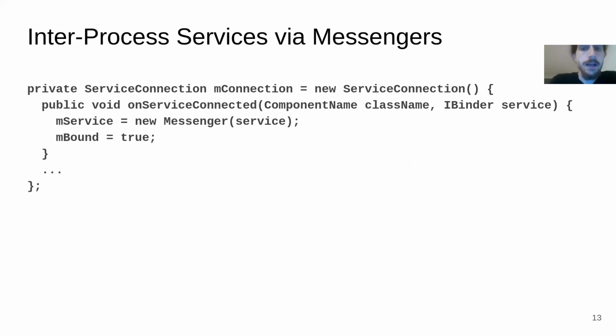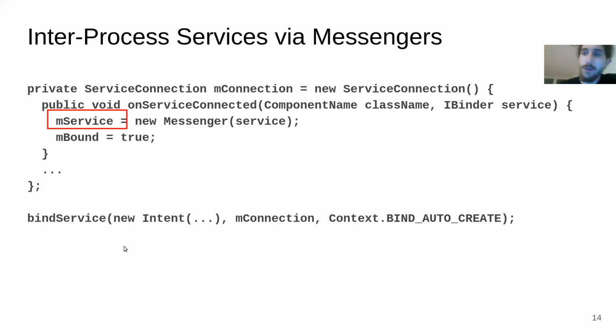Now, this is on the caller side. The way it works is that you need to define a ServiceConnection, which is a class. You need to define a new instance that implements onServiceConnected, and then assign this new instance to this mConnection.